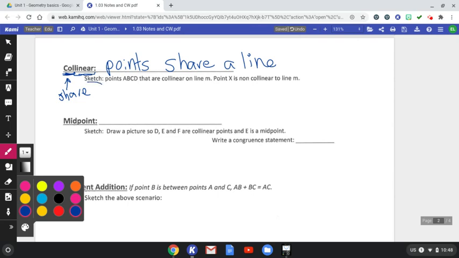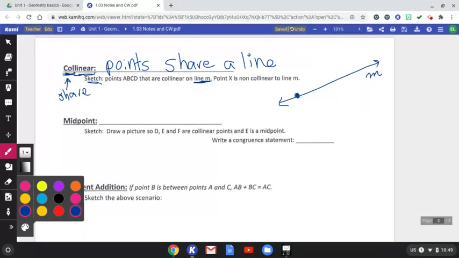Here's a little sketch we can draw to make that word come to life, seeing its geometry. Points A, B, C, and D that are collinear on line M. So remember, we can name a line with a lowercase letter. So we're going to draw a line here with double arrows because lines go infinitely in both directions. I'm going to put a little cursive M there.